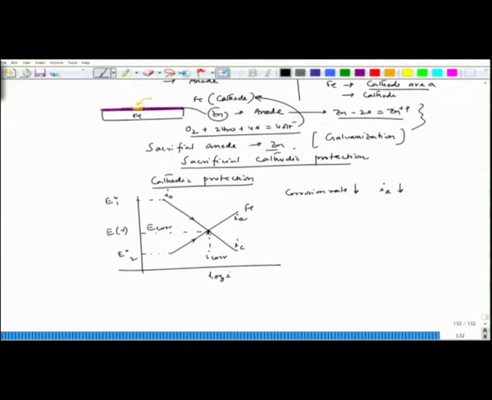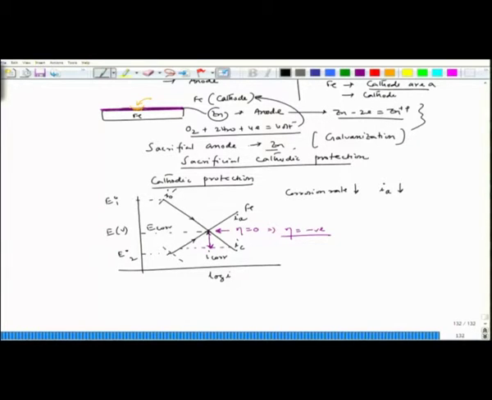Now, in order to do that, if I go downwards, this is my new starting point corresponding to overvoltage 0. Now, as we go down, that means if I put eta to be negative, then I will go down. Let us see if I reach this potential, and let me draw the corresponding two other lines.